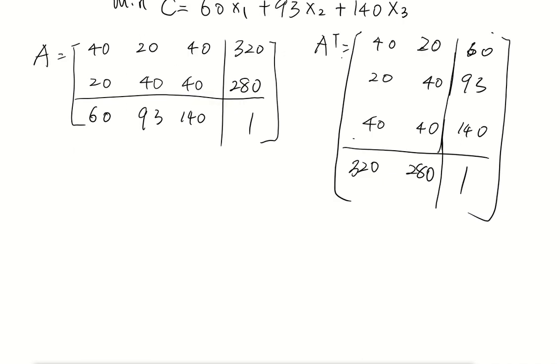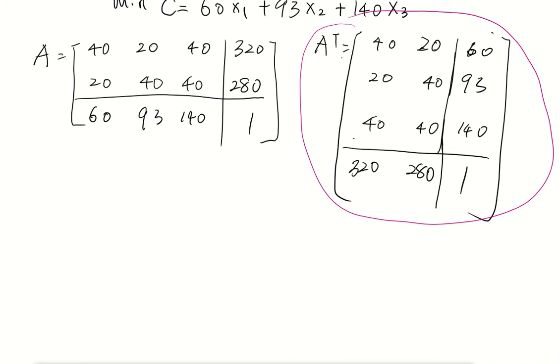So now let's translate the transpose of matrix A into a maximization problem. First, let's write the 3 inequalities. So you will call the variables y1 and y2 here. So 40y1 plus 20y2 is less than or equal to 60.